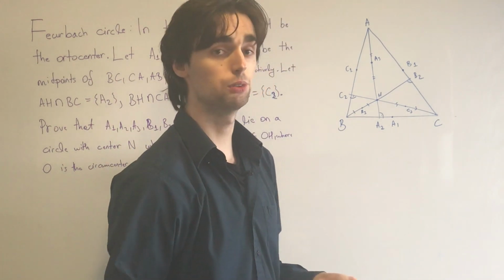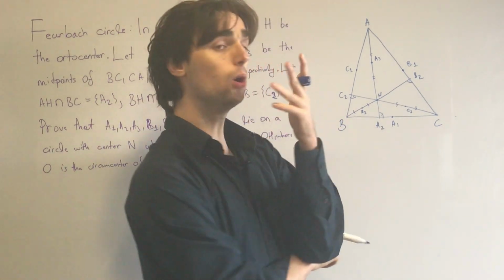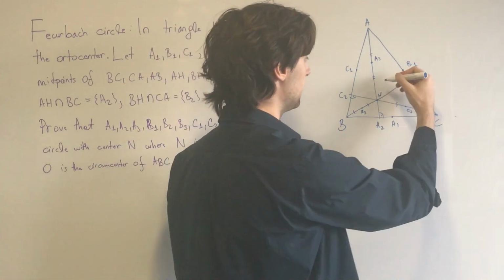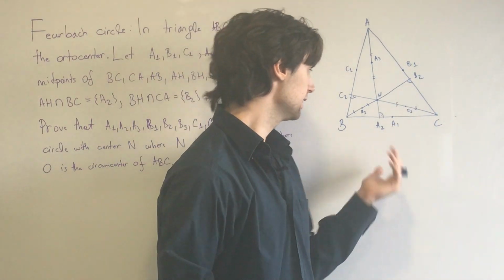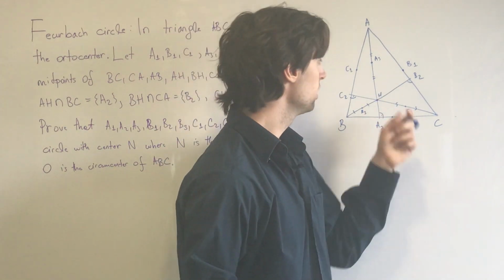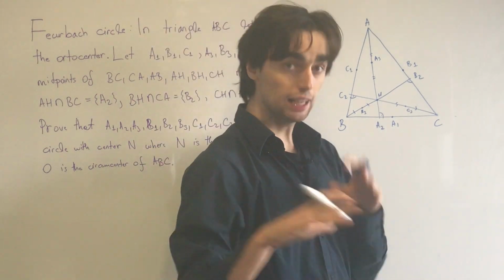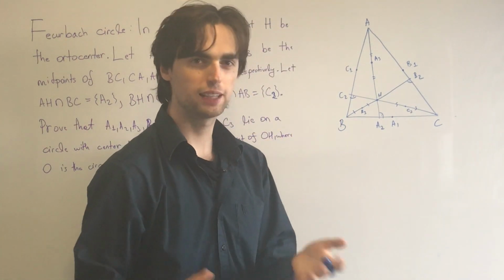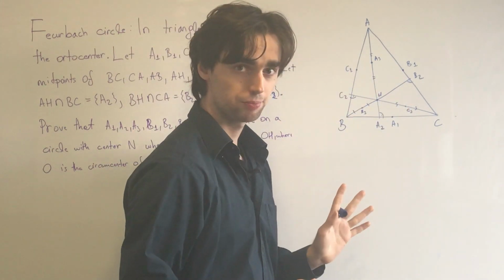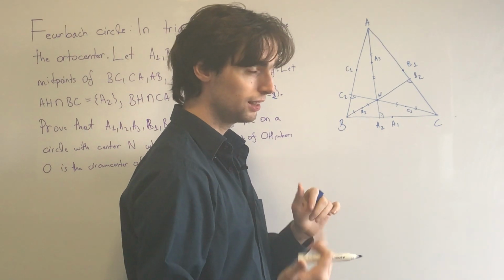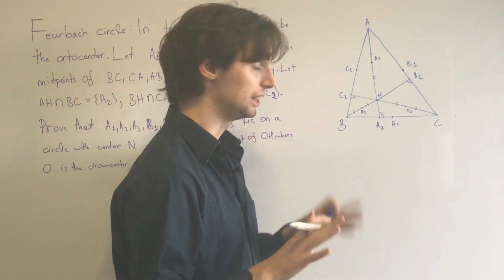You could also take the midpoint of OH, call that point N, and then calculate the distances from N to A2 and A1, from N to B1 and B2, and prove that all these distances are the same. That's one approach. The approach I like to take, the one I think is the most natural, is to pick three points and then prove that some other points lie on the same circle as these three.